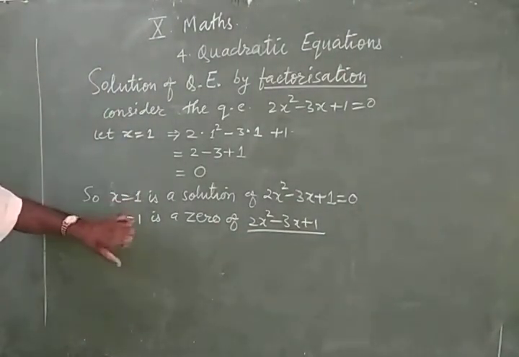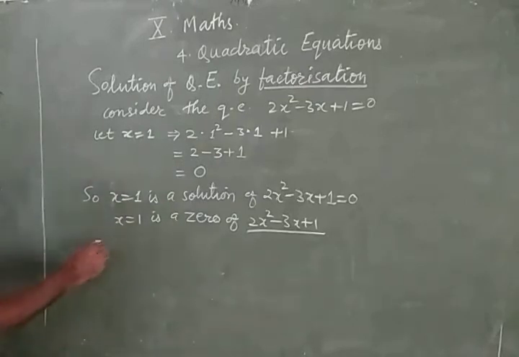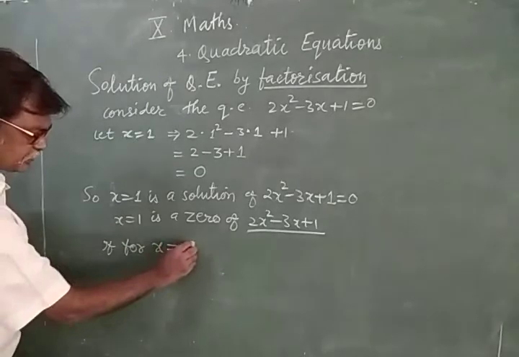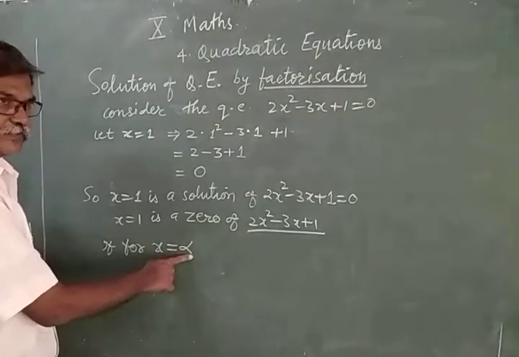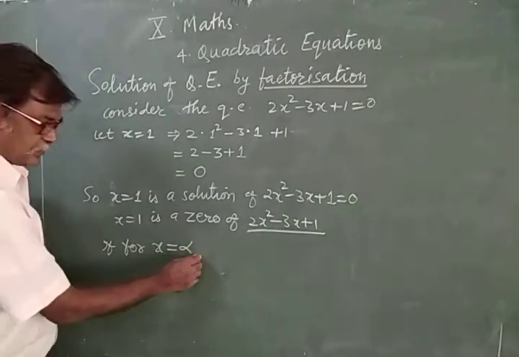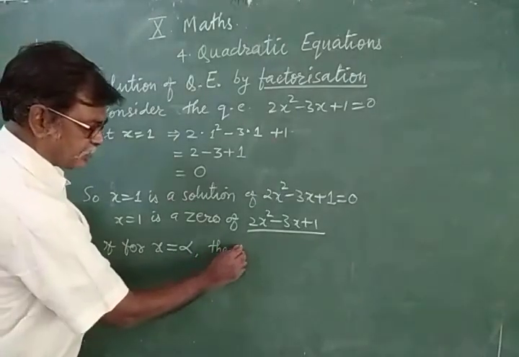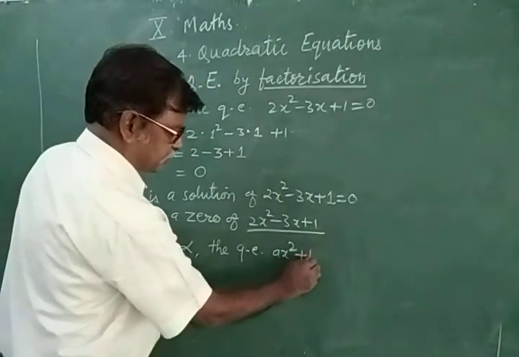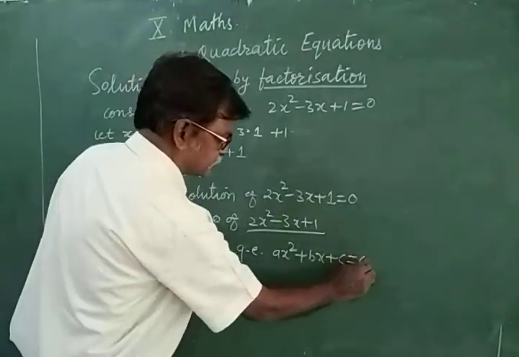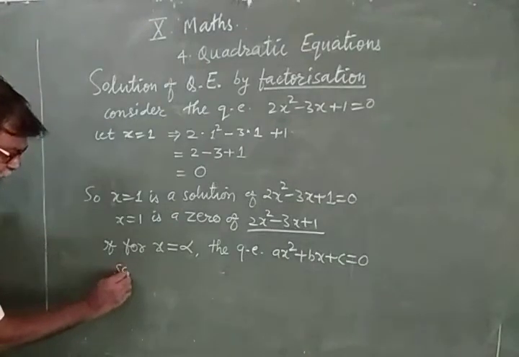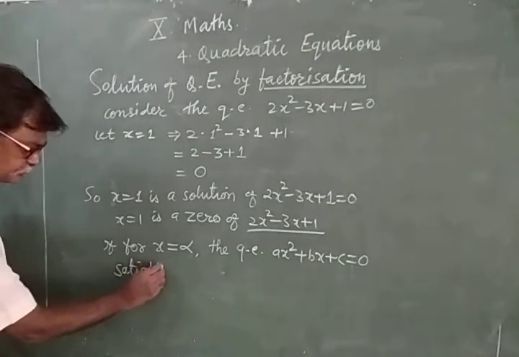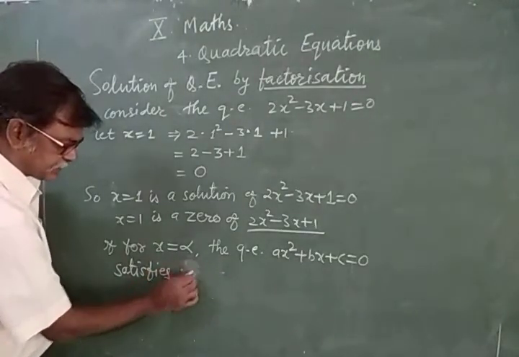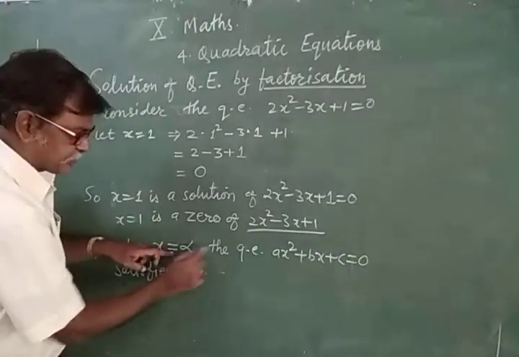Now in general, if for x is equal to alpha, the quadratic equation ax square plus bx plus c is equal to 0 is satisfied, then we can say x is equal to alpha.